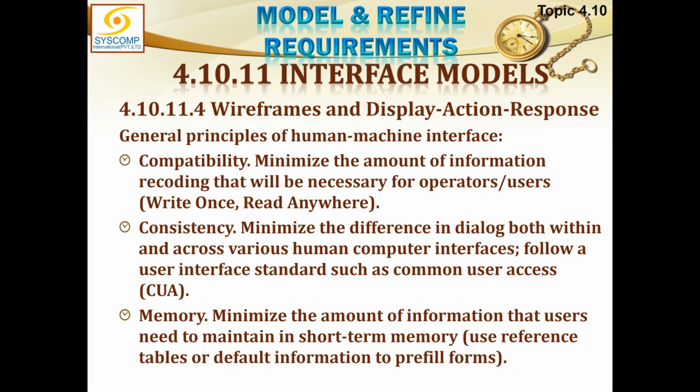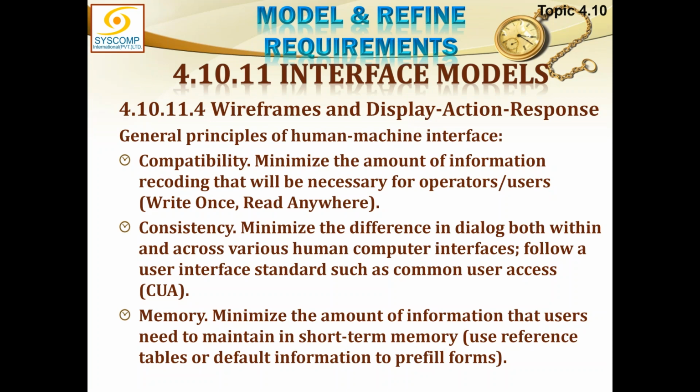General principles for this human-machine interface are compatibility, consistency, and memory. Compatibility minimizes the amount of information recoding that will be necessary for users. Write once, read anywhere. So once data is recorded, then you can always access it. Consistency: minimize the difference in dialogue both within and across various human-computer interfaces.